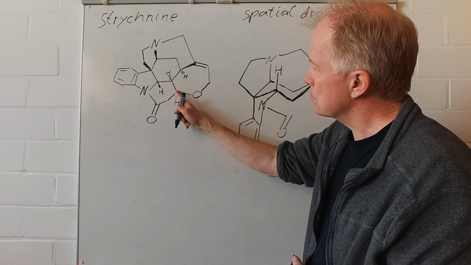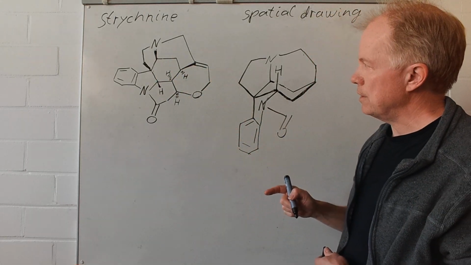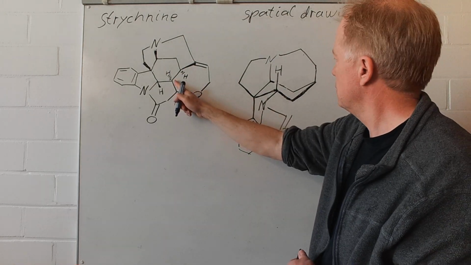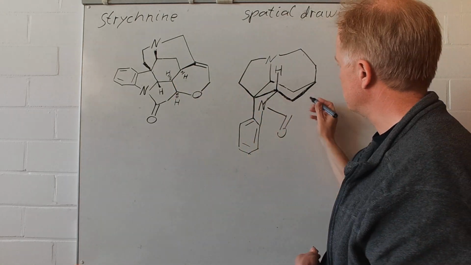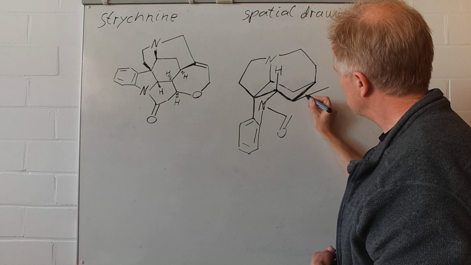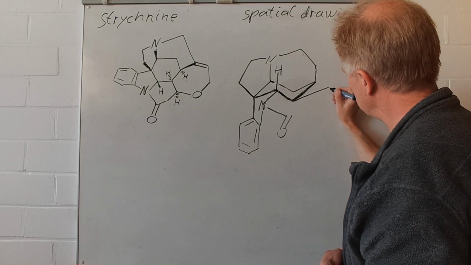This carbon substituent is also sitting at the cyclohexane moiety and should be also in an equatorial position, drawn parallel to this CC bond.